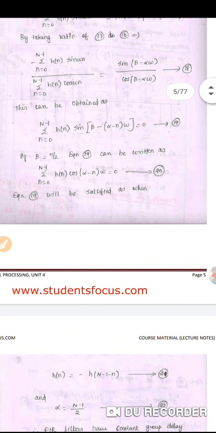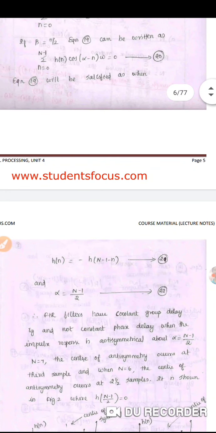So the above equation can be satisfied when h of n is equal to minus h of N minus 1 minus n, and for alpha is equal to N minus 1 by 2. That means FIR filters having constant group delay but not constant phase delay have an impulse response that is asymmetrical about alpha is equal to N minus 1 by 2.